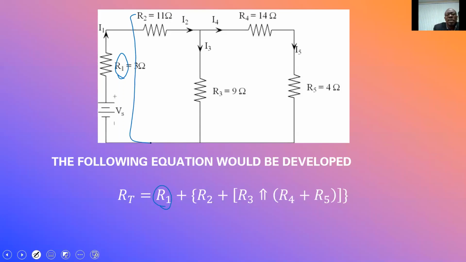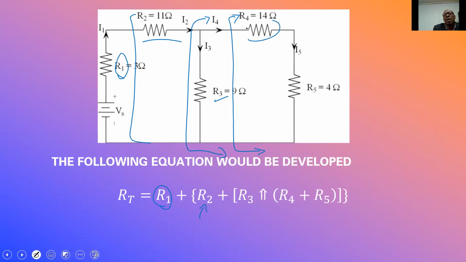The rest of the circuit consists of R2, which is in series with the rest of the circuit. And then R3, which is in parallel with the rest of the circuit. And the rest of the circuit consists of R4 and R5, which are in series. Now that's just a very brief recap of the resistance equation.